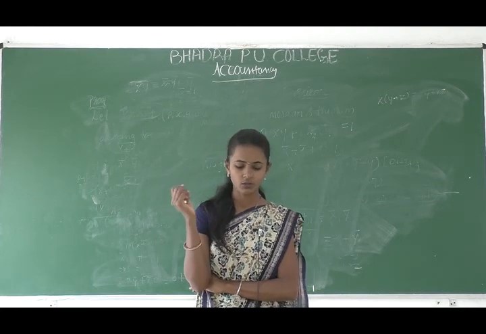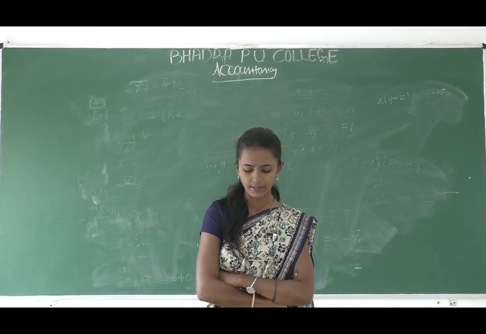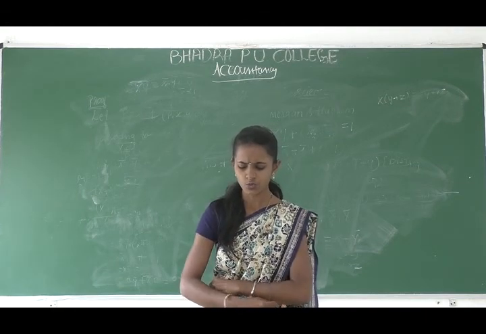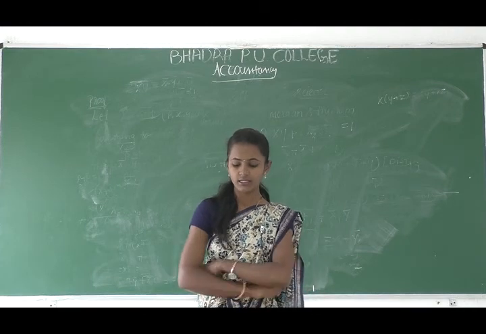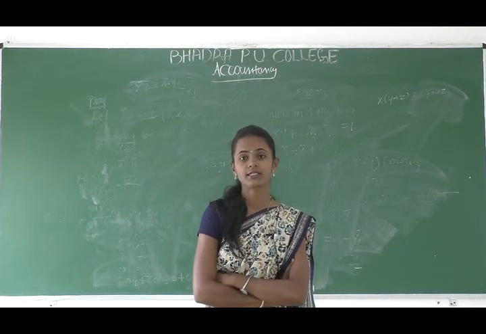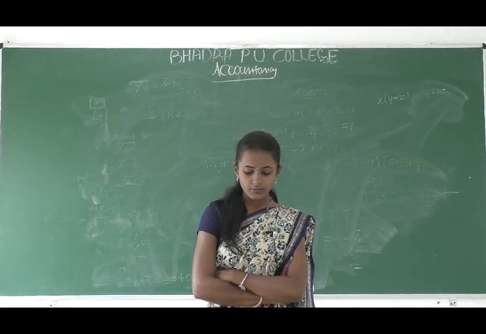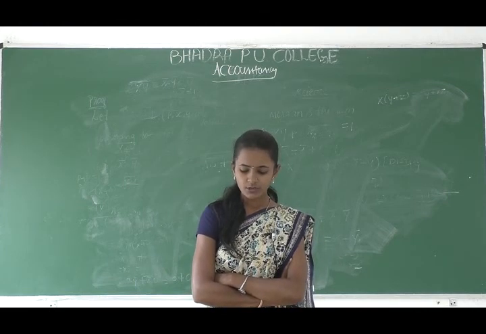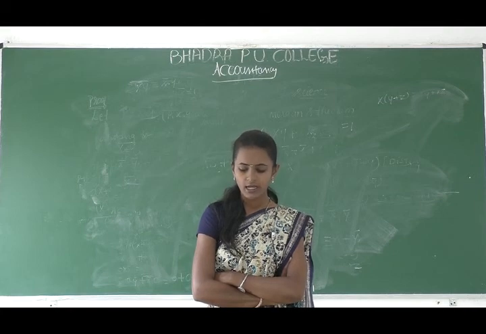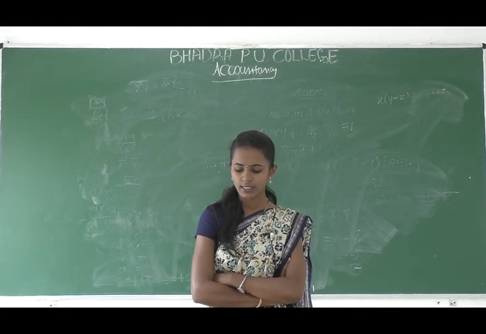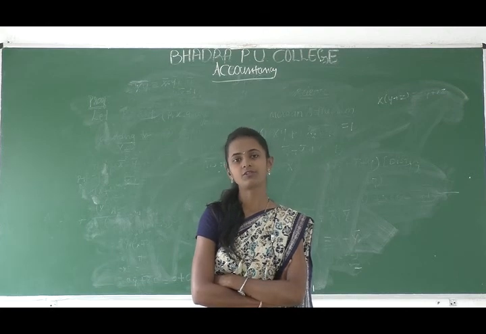I will go on reading what they have given in the question under particulars. Share capital: in 2010 it's 2 lakh, in 2011 it's 2,50,000 and in 2012 it's 3 lakh. The next item is reserves: in 2010 it's 1 lakh, in 2011 it's 1,50,000 and in 2012 again 1,50,000.